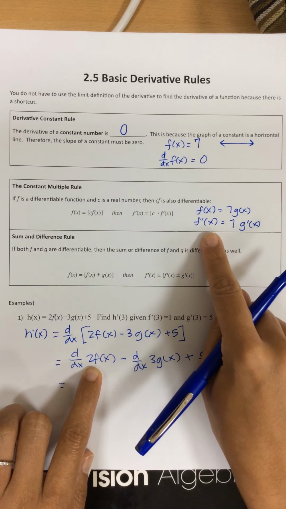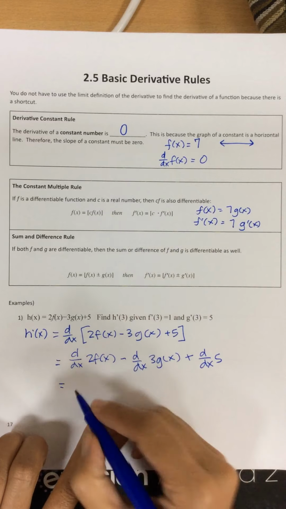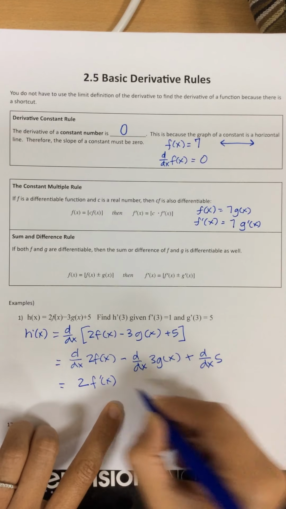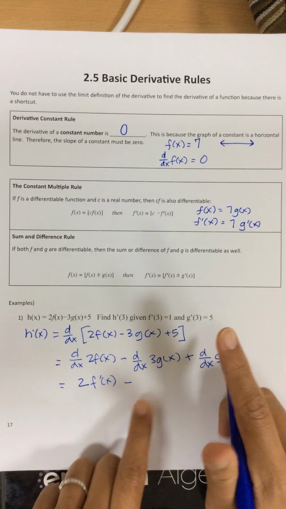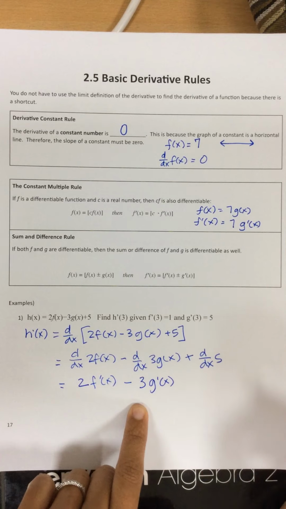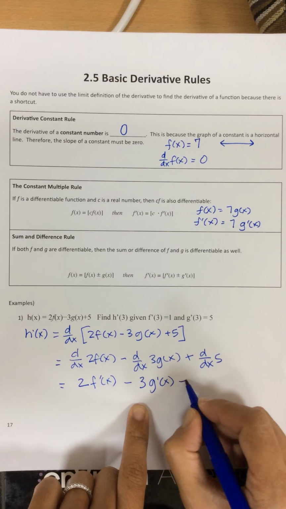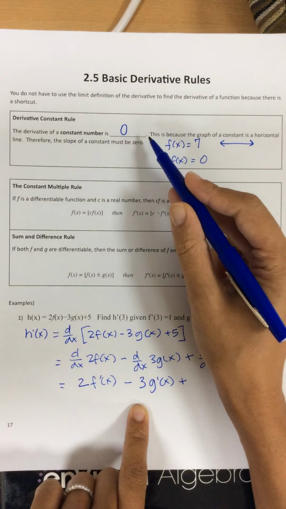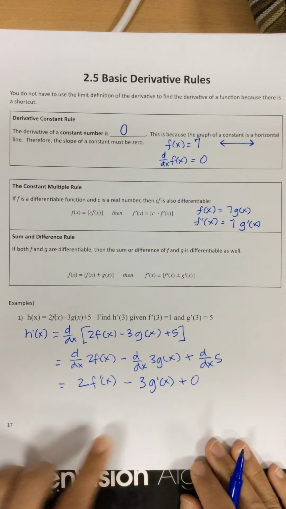I'm going to use the constant multiple rule here. I can take the constant out, 2, and the derivative is f prime of x, minus, same rule here, take that 3 out, times the derivative of g of x, which is g prime of x, plus, well, what's the derivative of a constant? The derivative of a constant is 0, so that's plus 0.